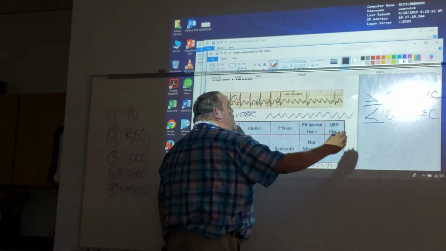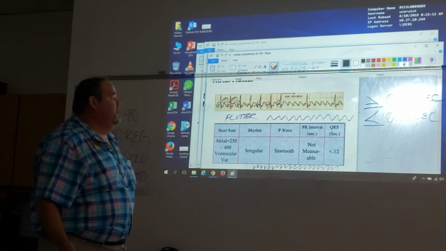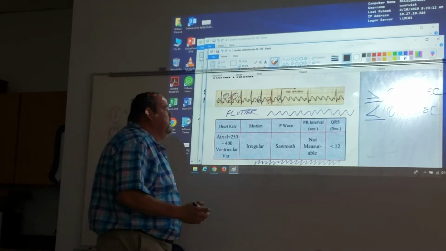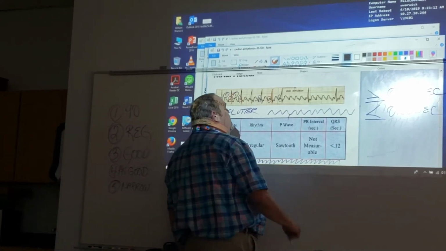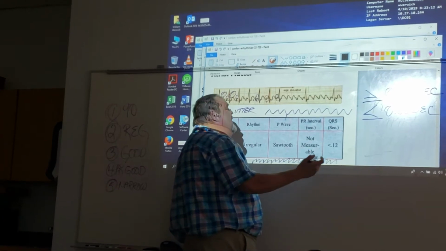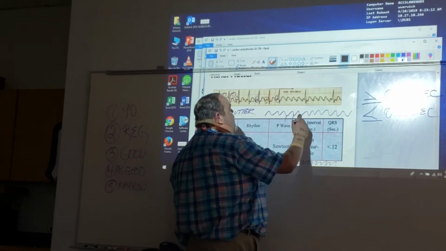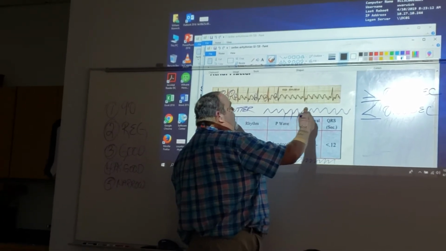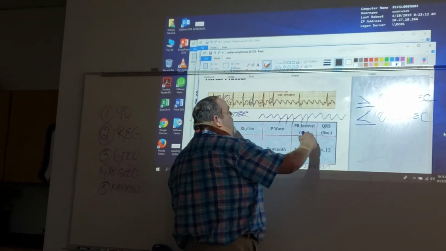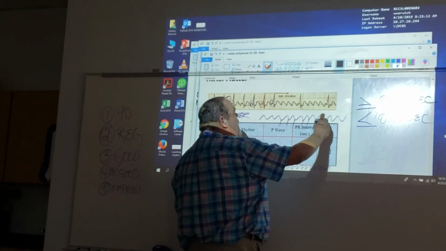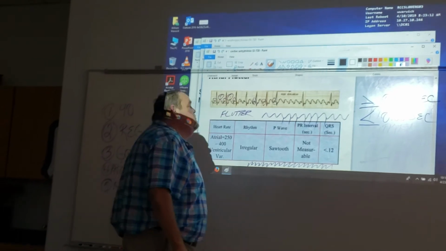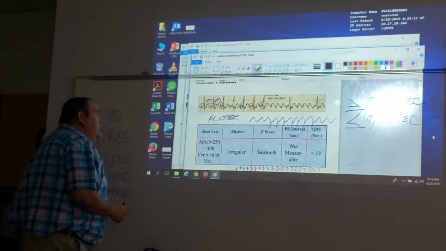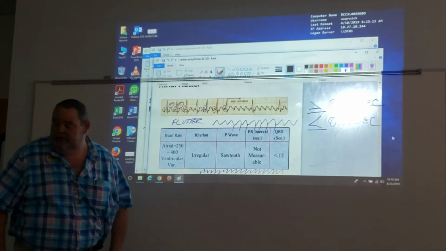Usually regular, because your QRSs have time to grab a P wave. Okay? Now, if your rate gets high, you're going to start to have P waves right on them, or QRSs right on them, P waves like this, and they're going to be regular. Okay? So that is, the F means it's in flutter.